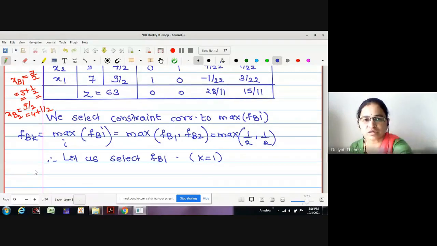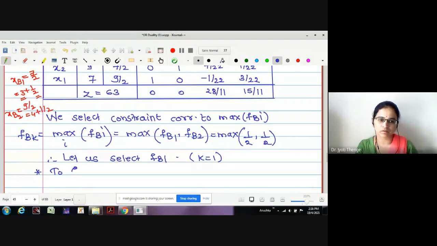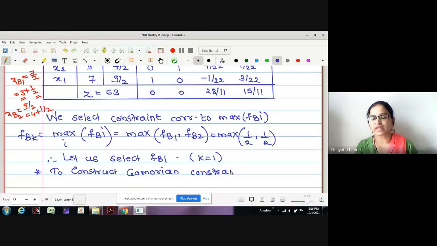Let me write to construct the Gomory constraint. First, I will show you the construction by the formula, and then later I will tell you the shortcut for the construction of the Gomory constraint. The shortcut is very easy.